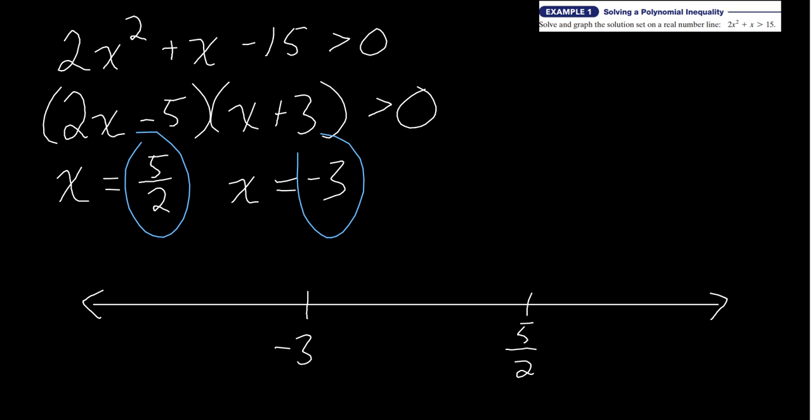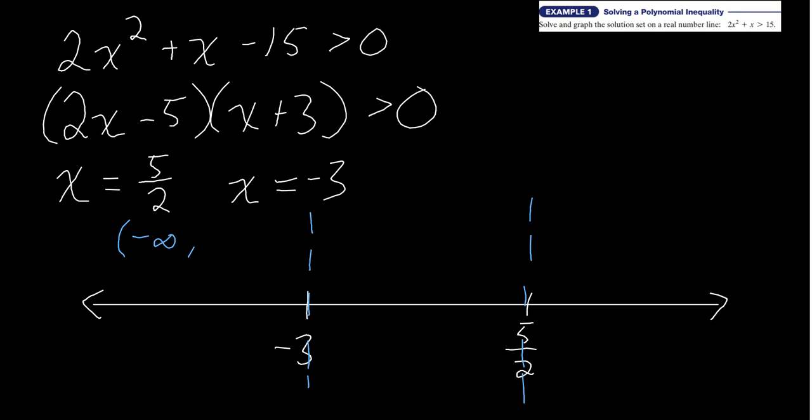Okay, so the whole point of doing that is because these are our boundaries, right? So the boundaries are located at -3 and at 5 halves. So what is the interval over here to the left of that dotted blue line? Well, the interval is going to be from -infinity to -3, not including -3 because that's our boundary, so we put a parenthesis.